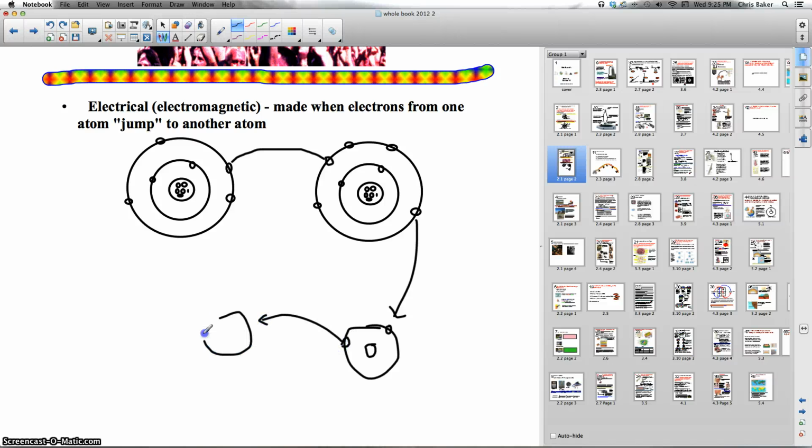to the next atom. There's the nucleus. And there it is landing. And then this atom shoots another one to another atom, and so on.